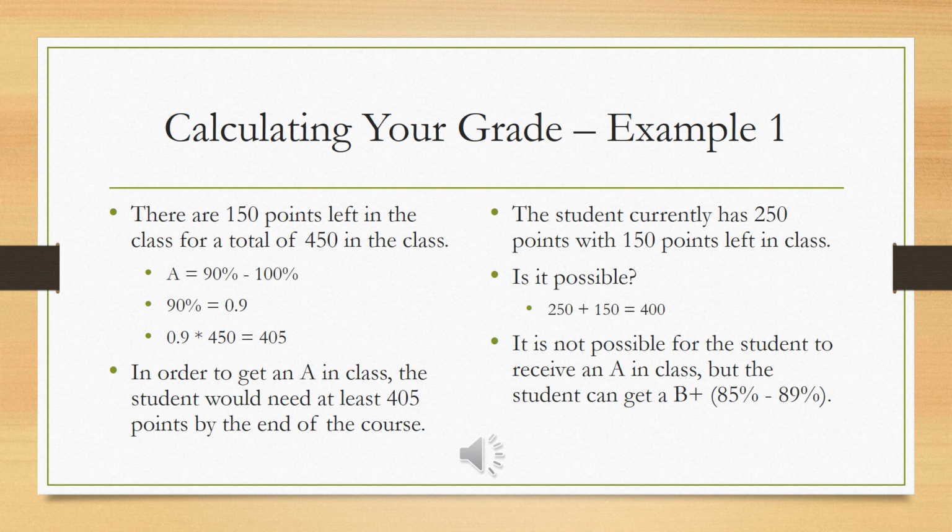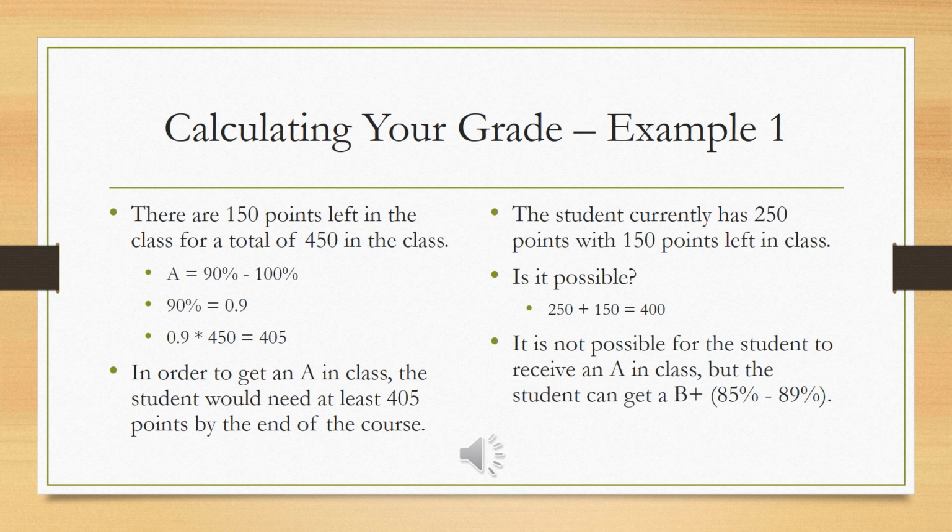To receive an A, you have to have a grade between 90% and 100%. So we'll take the lowest grade you can get, which is a 90%, which is 0.9 as the decimal. So you take 0.9 times 450 points to get 405 points. So in order to get an A in the class, the student would need at least 405 points by the end of the course.